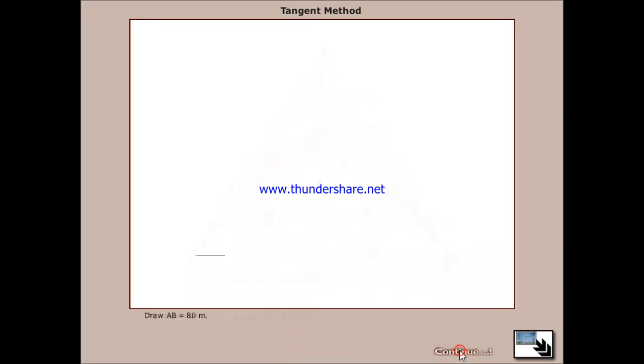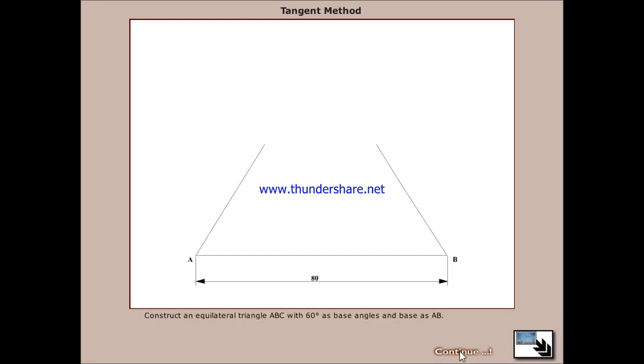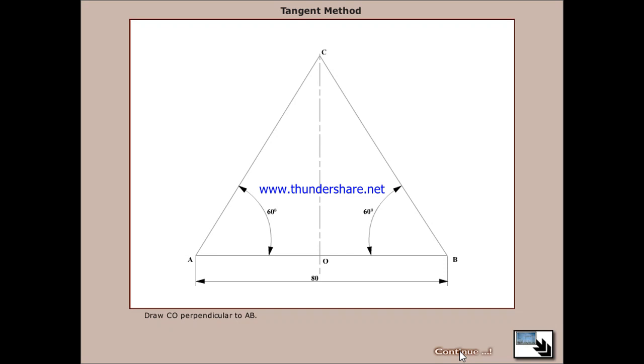Once again, draw AB equal to 80 meters. Construct an equilateral triangle ABC with 60 degree base angles and base AB. Draw CO perpendicular to AB. Bisect CO at V, the vertex.